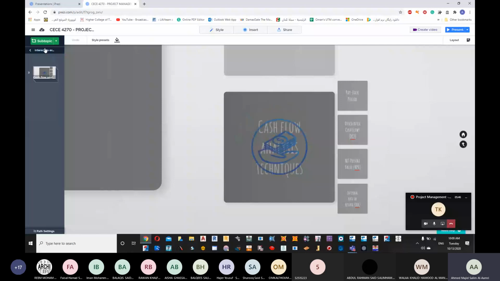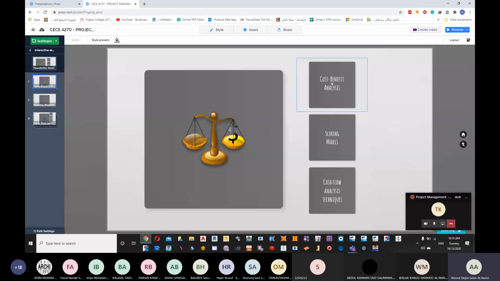We are not measuring whether the project will return money for me or not. In case of benefit, it's not necessarily going to be money. It can be a service as well, or it can be a saving. It does not need to return money, so we cannot measure it in terms of money. That's why we call it cost benefit. We don't call it cost profit. Benefit can be either money or a service.